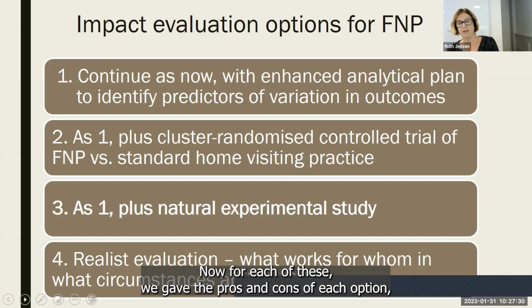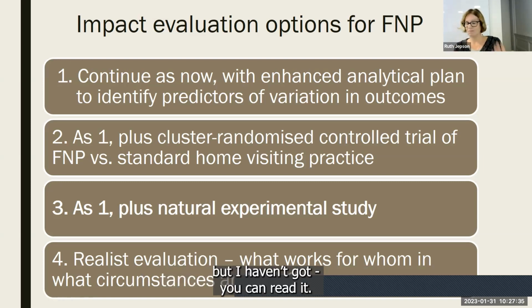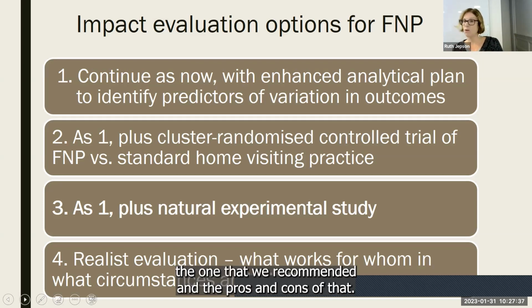Now, for each of these, we gave the pros and cons of each option, but you can read it. I'm just going to give you the one that we recommended and the pros and cons of that.